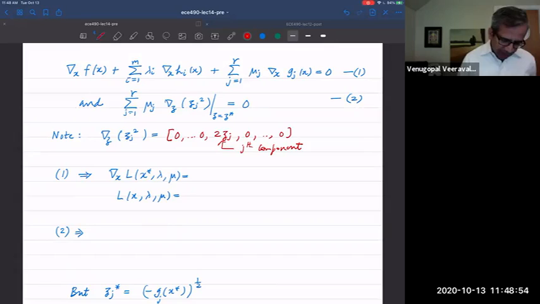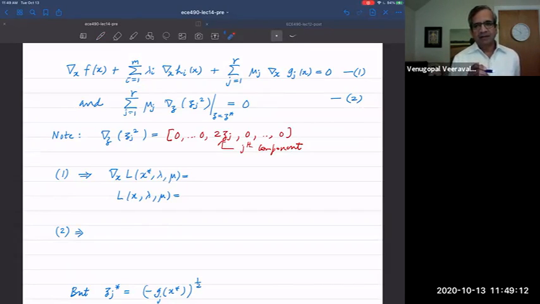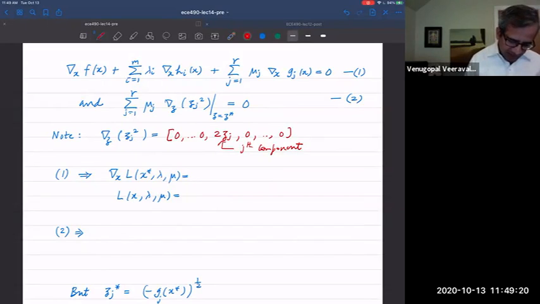So now let's see what the first equation tells us. This equation doesn't involve z. So it's like I have a Lagrangian that only involves x, lambda and mu, equal to 0. This is just saying that the gradient of that Lagrangian function that does not involve z is 0. And that was the Lagrangian function in the KKT theorem.